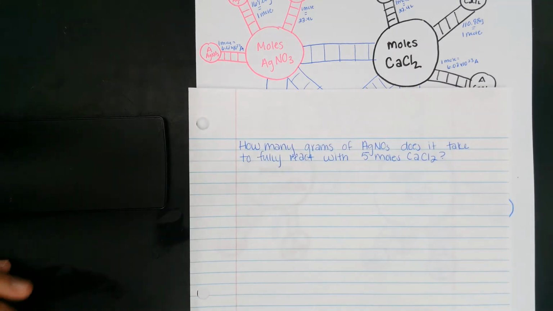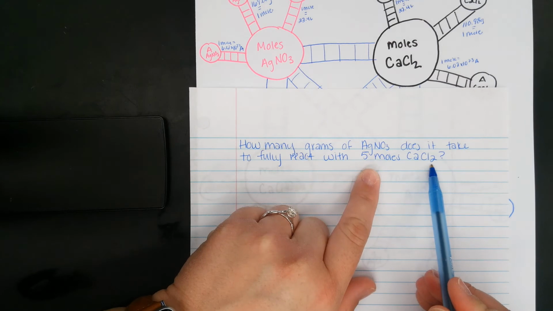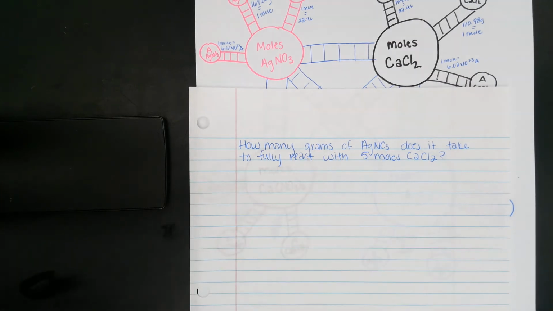That's a pretty good example of a question. It's just saying, from this specific amount of calcium chloride, how many grams of silver nitrate is it going to take to really react with it?